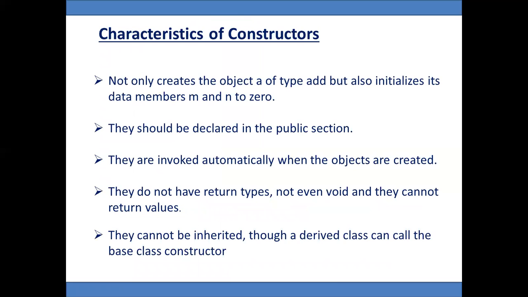Characteristics of constructors. This is the list of characteristics, also called rules of constructors. A not only creates the object of type add, but also initializes its data members m and n, both integer data, to 0.